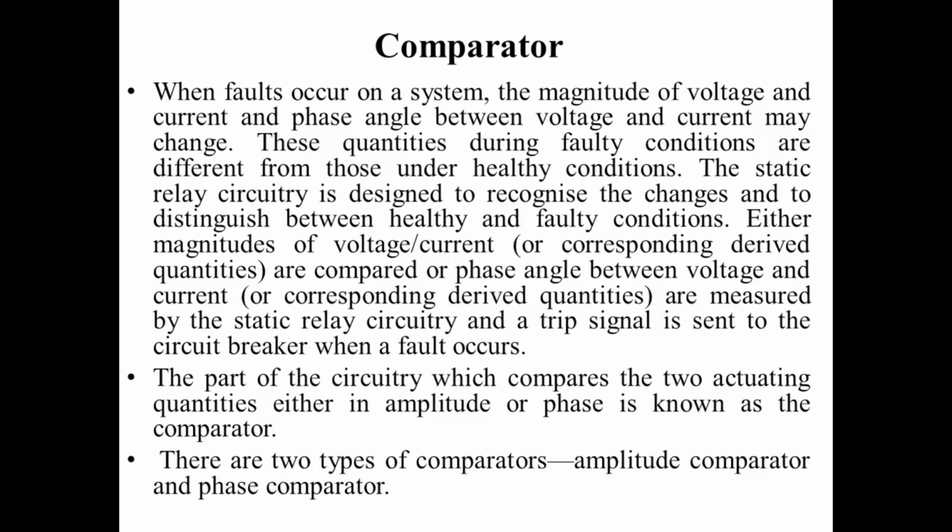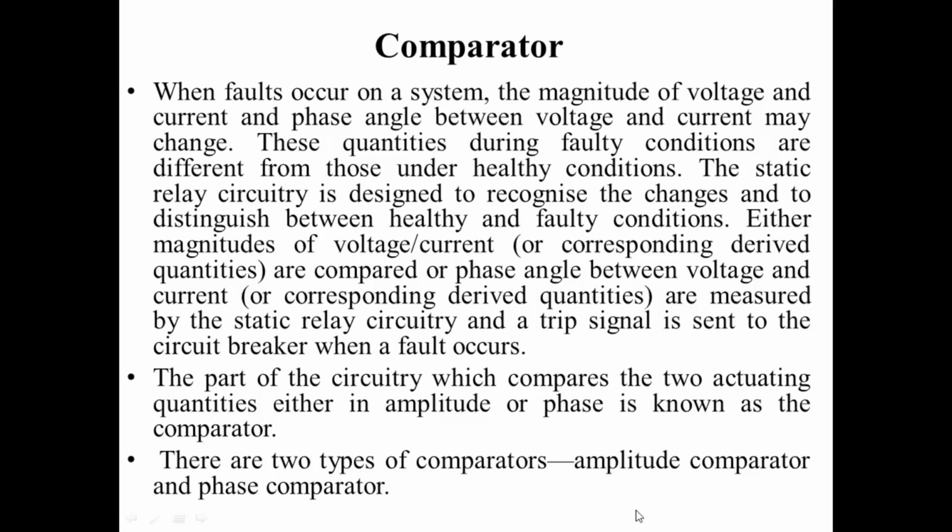Either the magnitude of voltage or current or corresponding derived quantities are compared, or the phase angle between voltage and current and their corresponding derived quantities are measured by the static relay circuitry, and a trip signal is sent to the circuit breaker when a fault occurs. The basic function of the relay is, when any fault occurs on the system, to sense the fault and then send a signal to the circuit breaker.